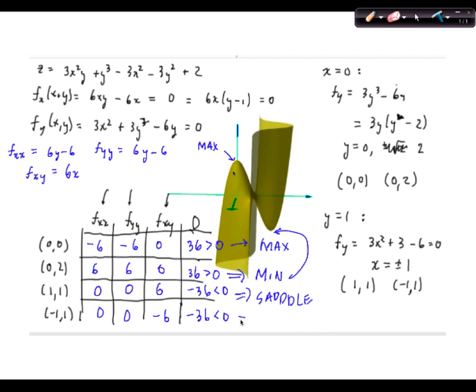Saddle. And the image that I showed you of that surface agrees with that conclusion. Questions on this?